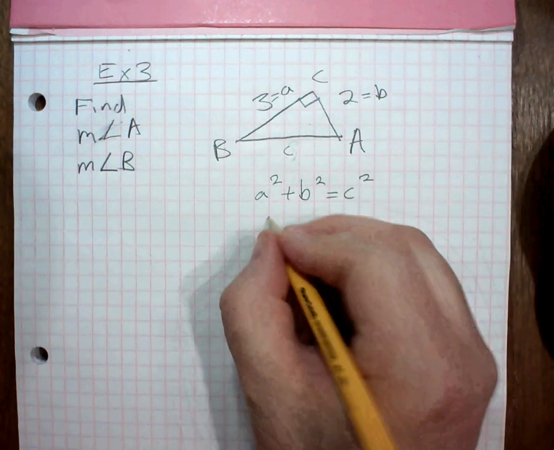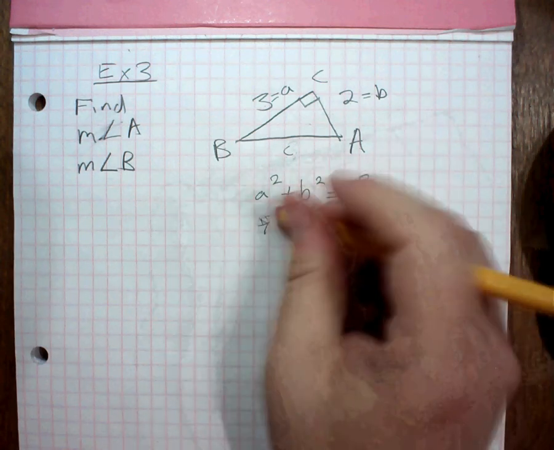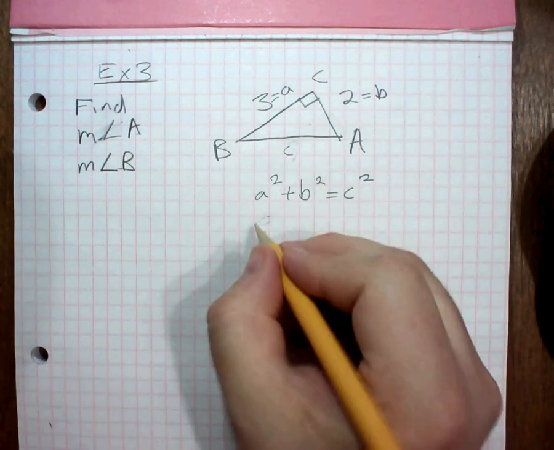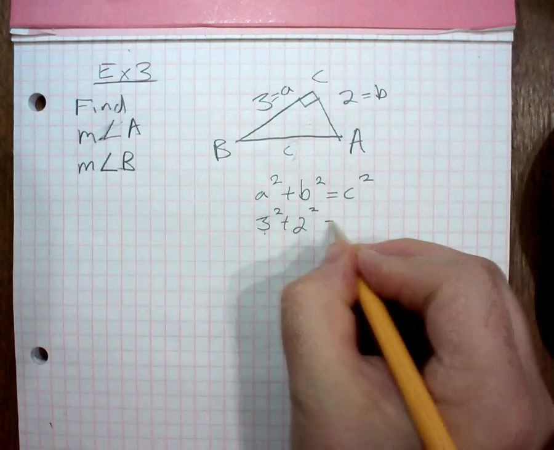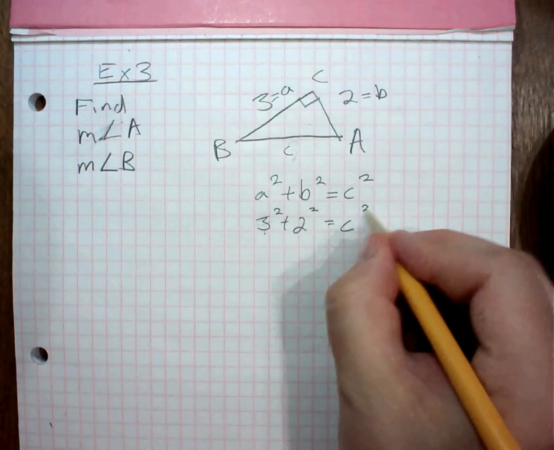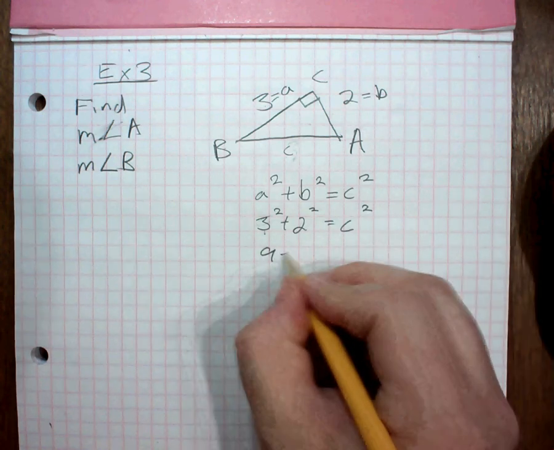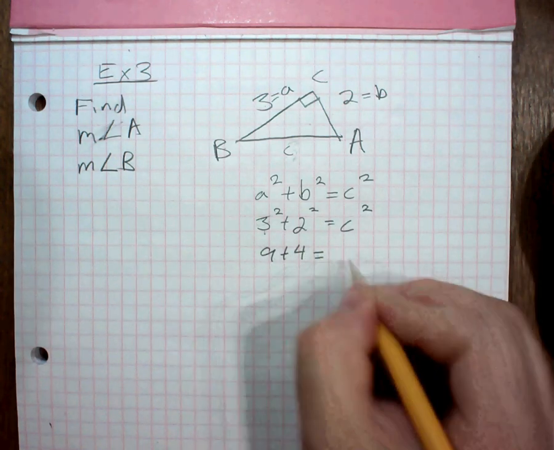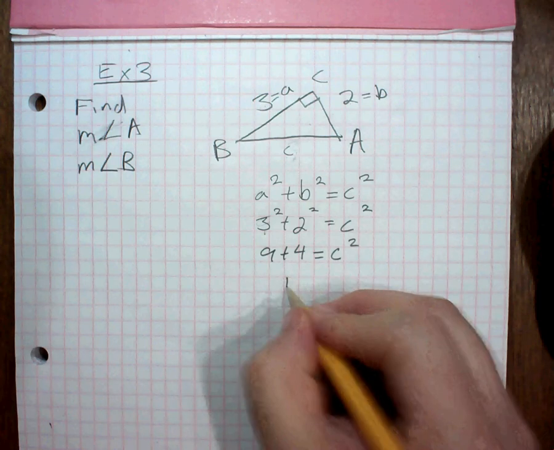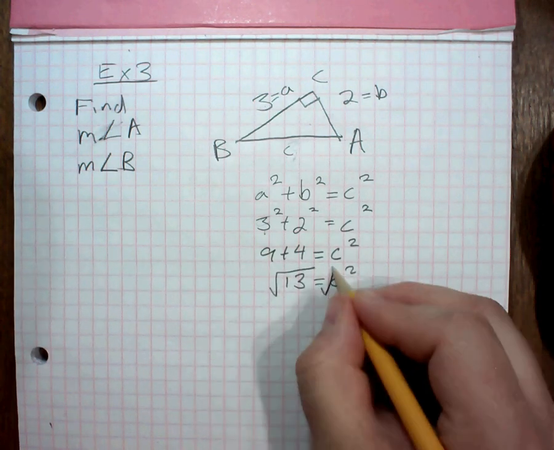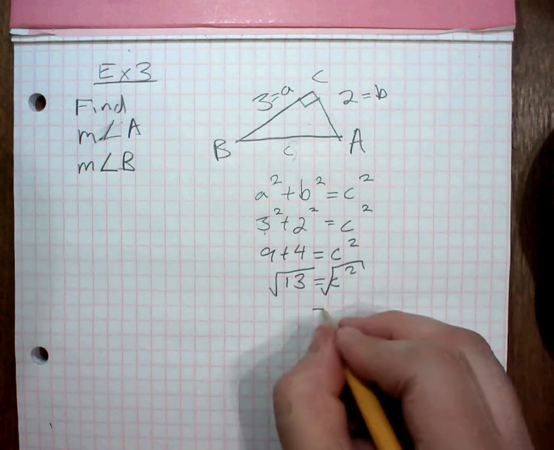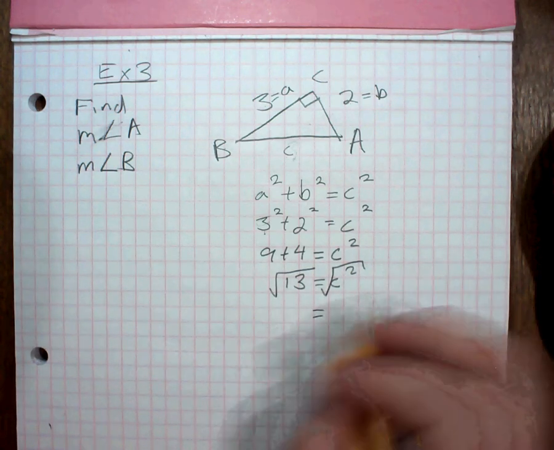So then I'm going to say, oops, I'm getting way ahead of myself. A is 3, square that, plus 2, square that, and that's equal to c squared. So now I get 9 plus 4 is equal to c squared. 13 equals c squared, so take the square root of both sides.